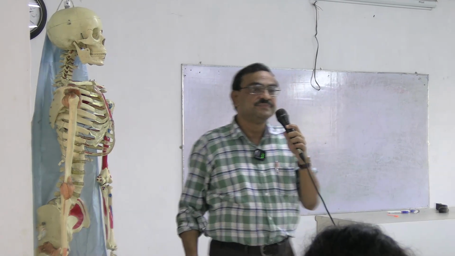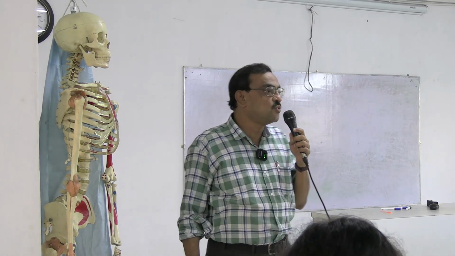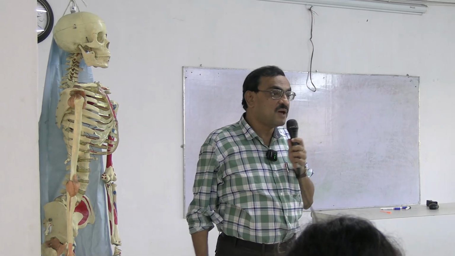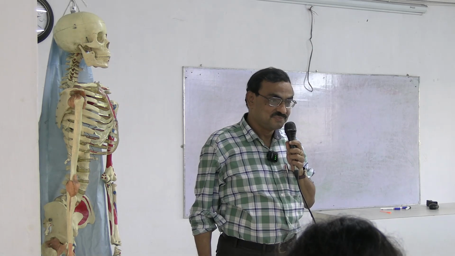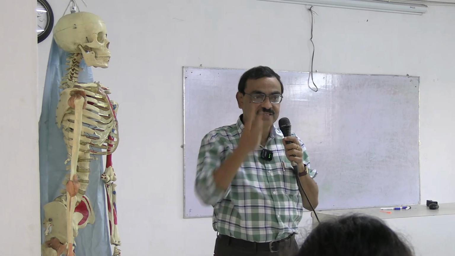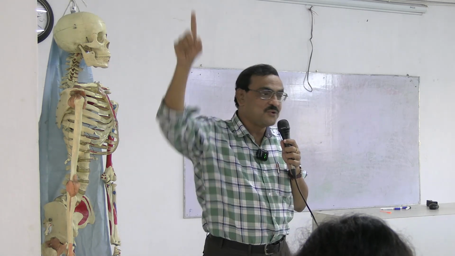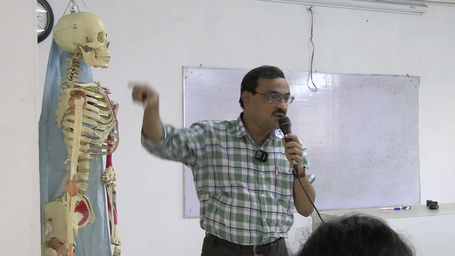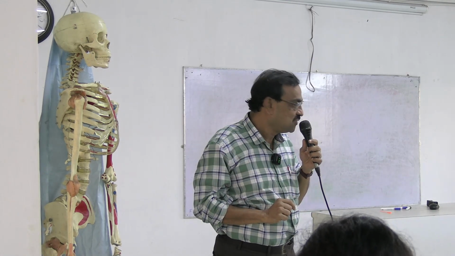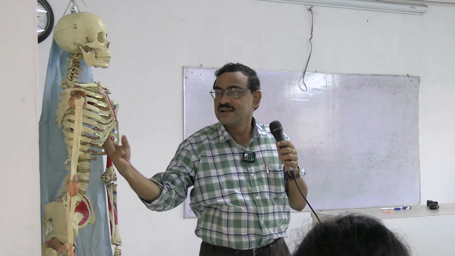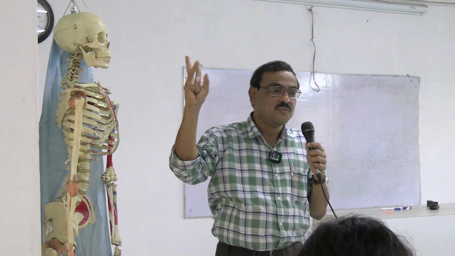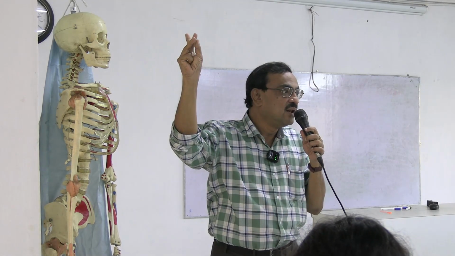Another artery. Actually, I told you the branches of the arch of aorta. Can you remember? There are 3 branches: brachiocephalic, left common carotid, left subclavian.